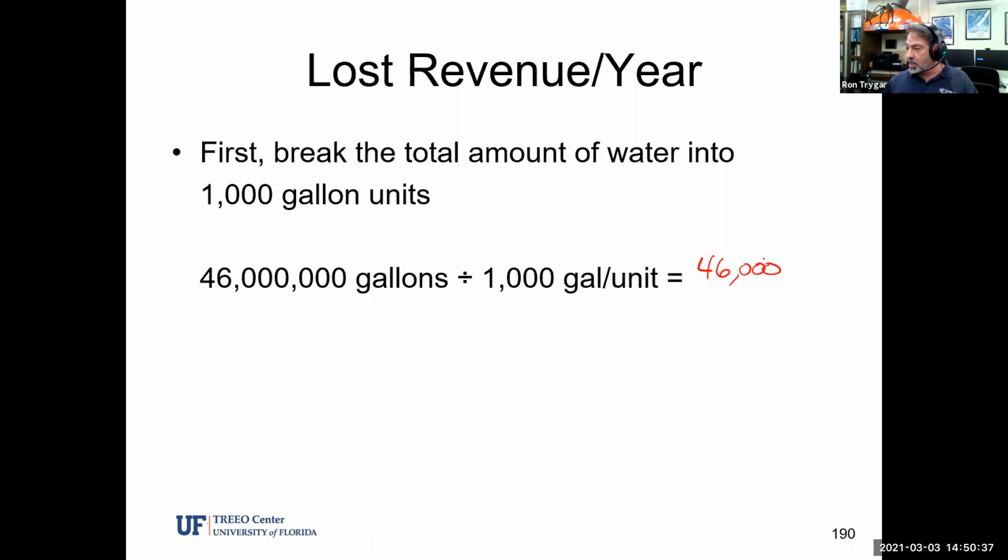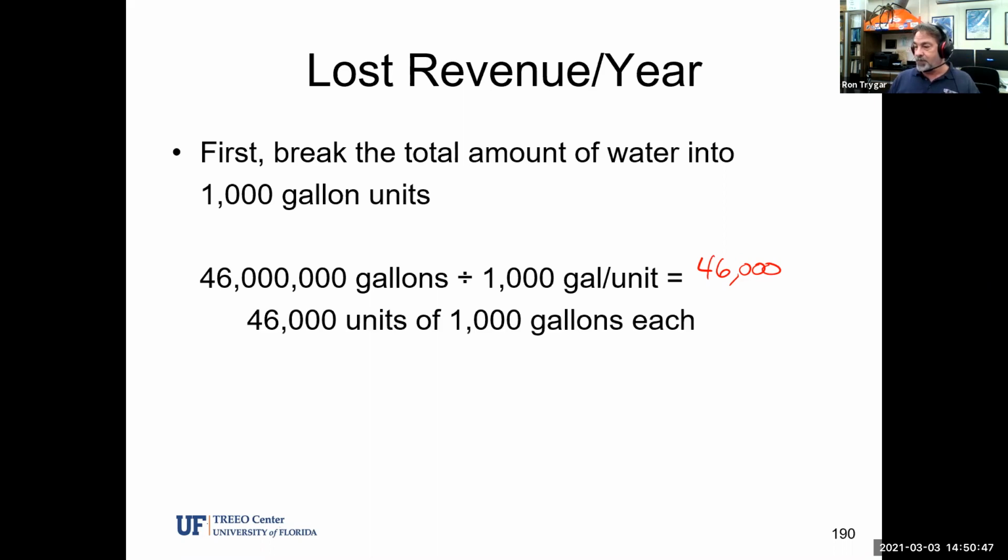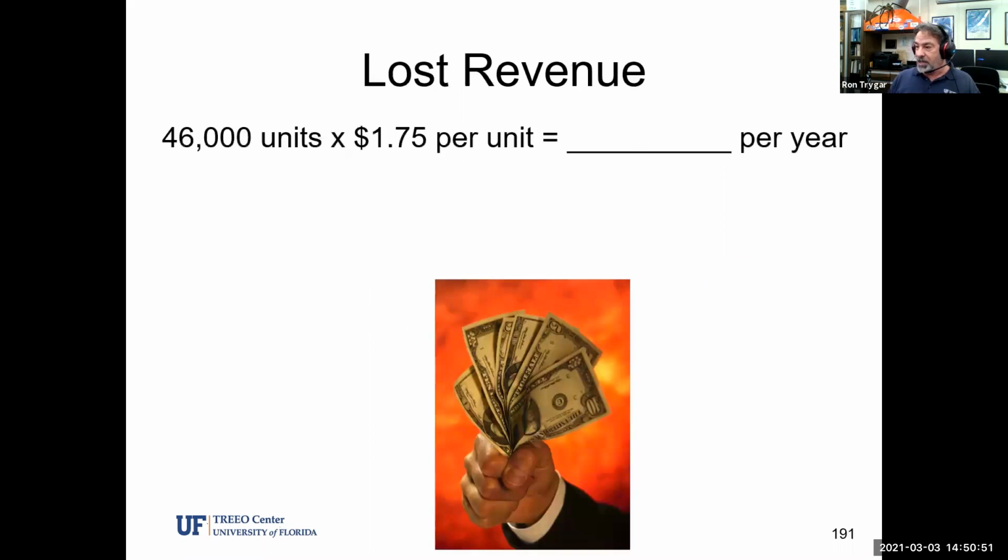So divide by 1,000, and we come up with 46,000 units that are 1,000 gallons apiece. So 46,000 units of 1,000 gallons each. Okay. The next thing we're going to do is multiply this by the dollars per 1,000 gallon unit. So we're going to figure out what we would be recouping if we were charging $1.75 per unit.